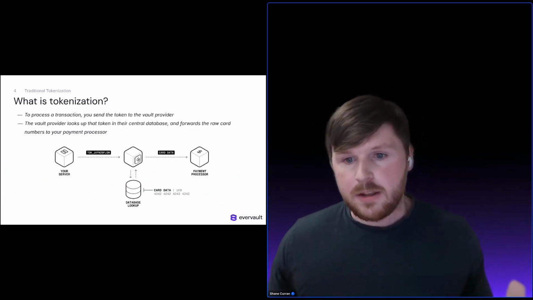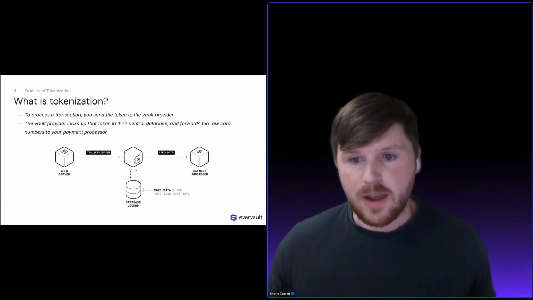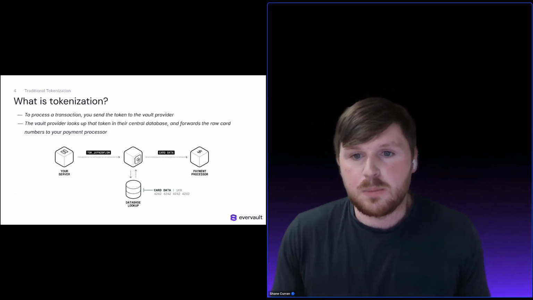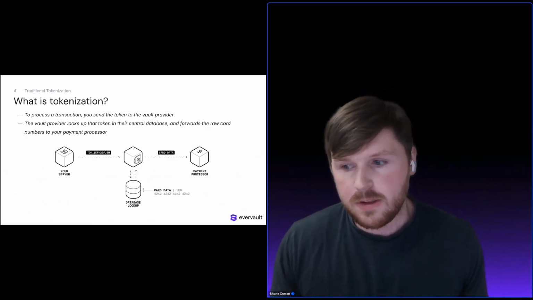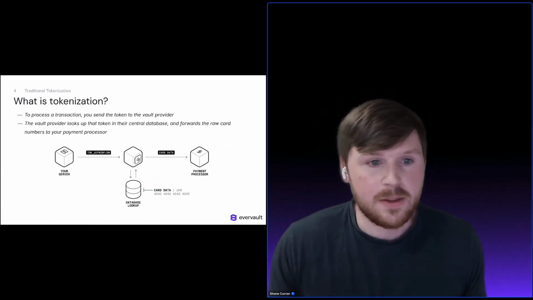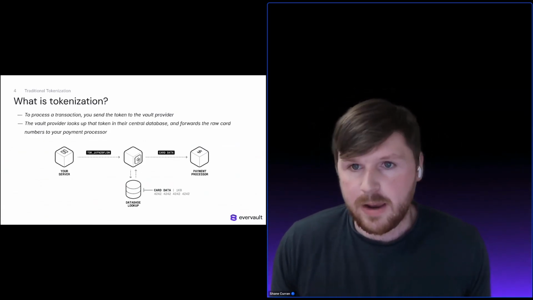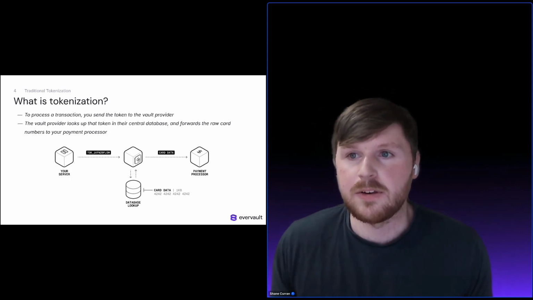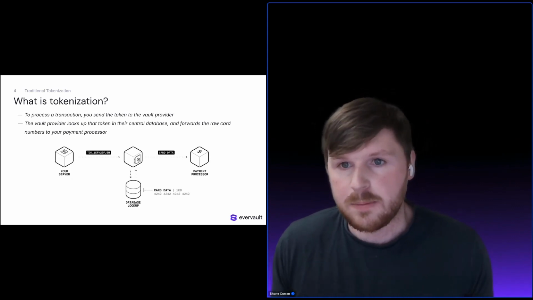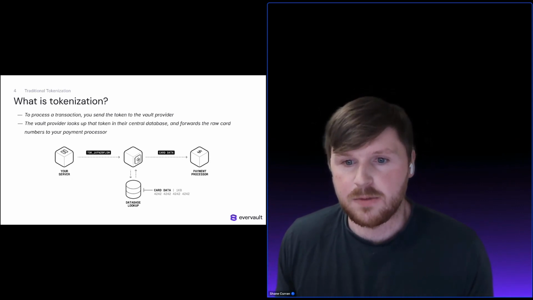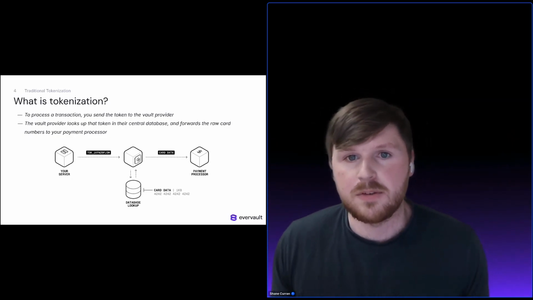When you get to the point that you have a token and you want to process a transaction, which is obviously the reason that you want to keep cards in a vault, typically this would be for a card on file use case, where a consumer might have a wallet containing their card information, or maybe you're a recurring business where you're processing a transaction for a subscription or something similar every month.